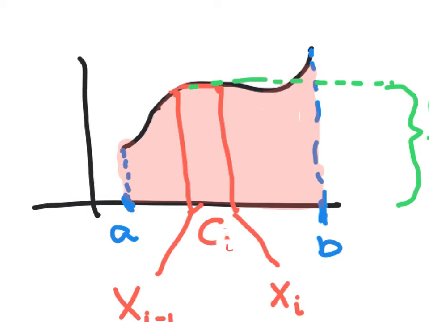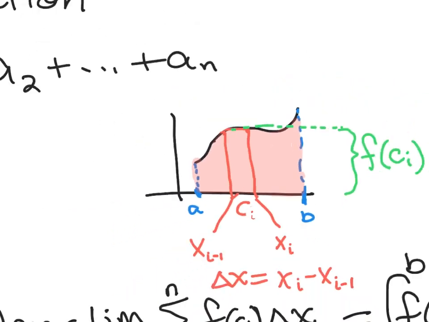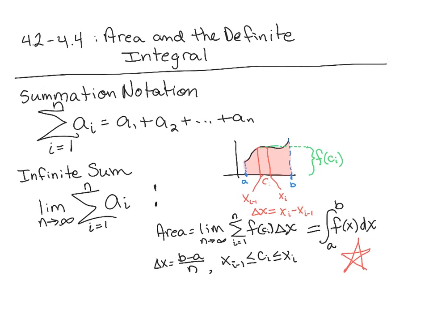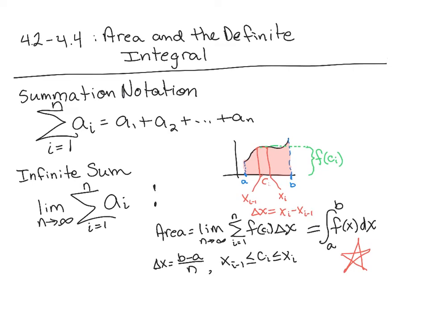So c sub i is somewhere in between a and b. All of your c's are between a and b. All right, let's scroll back out. So we have this interval from a to b, and all of the x values in here are represented by the c's. That would be a c sub i in here.